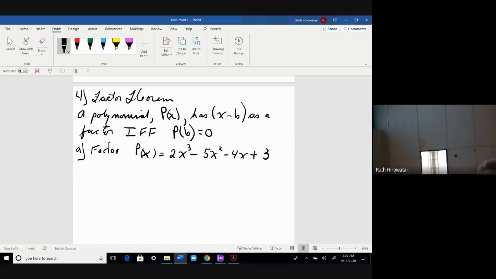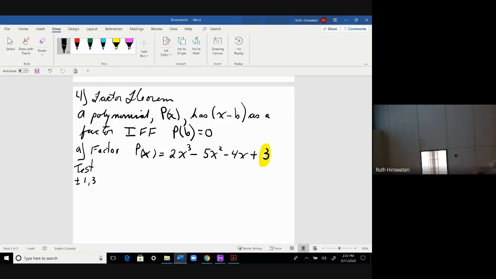That's how we find our factor. And remember that they have to come from the factors of your constant term. So you're going to test the factors plus or minus 1 and plus or minus 3.